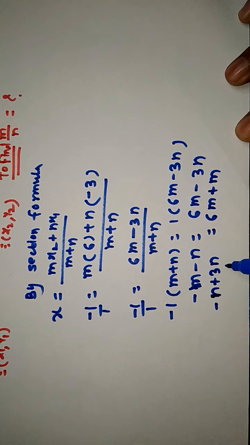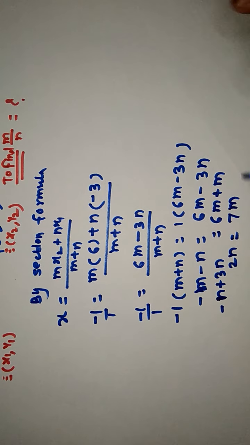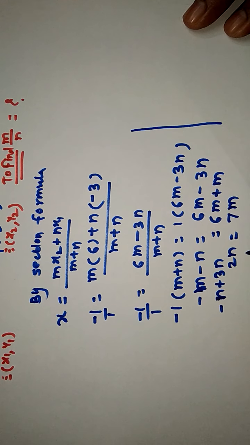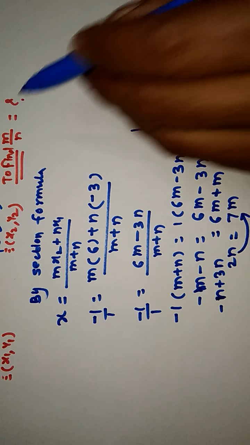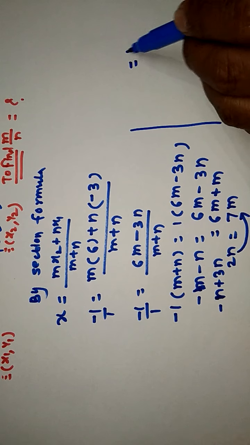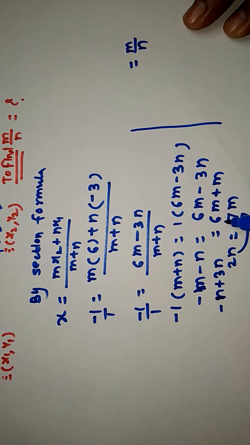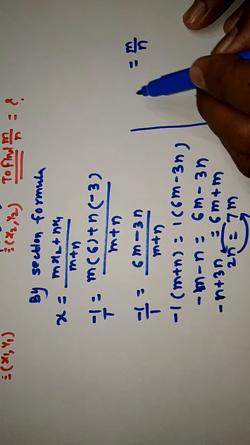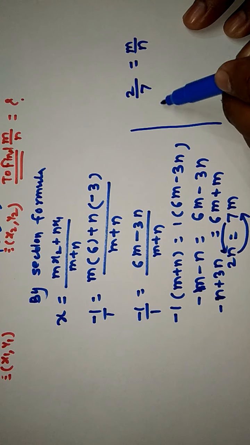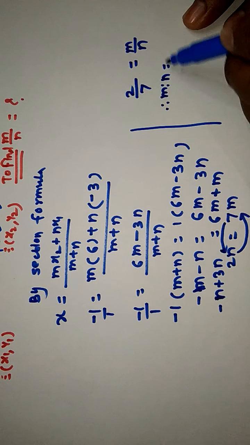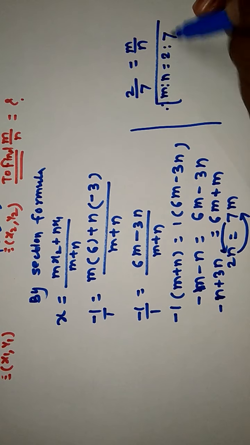Now solve this. Here 2n, here 7m, means dividing by n on this side, we get the ratio m divided by n, and 7 divided on this side means 2 upon 7. Therefore m to n is equal to 2 to 7.